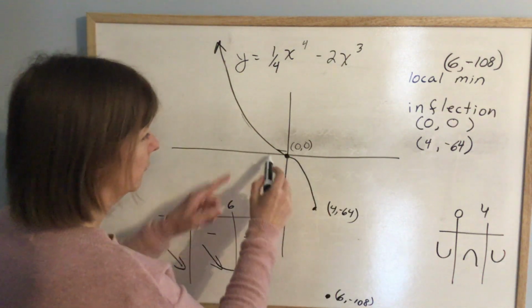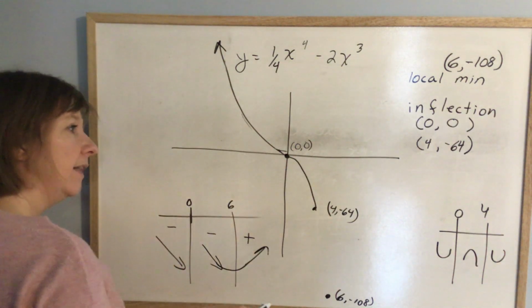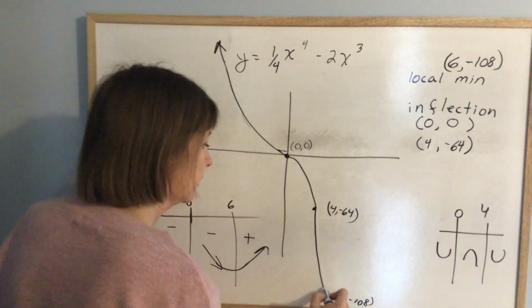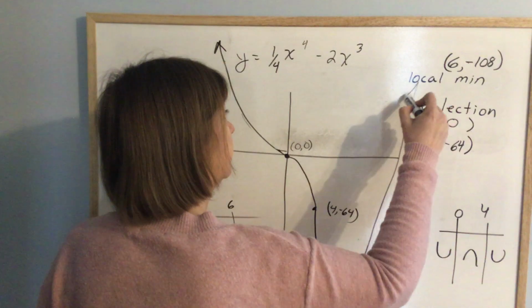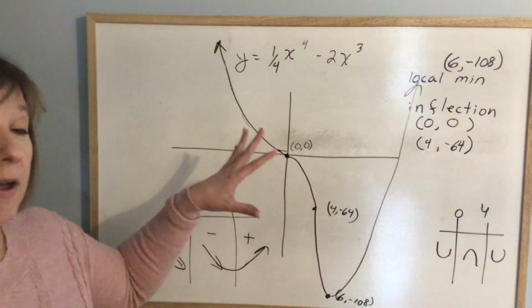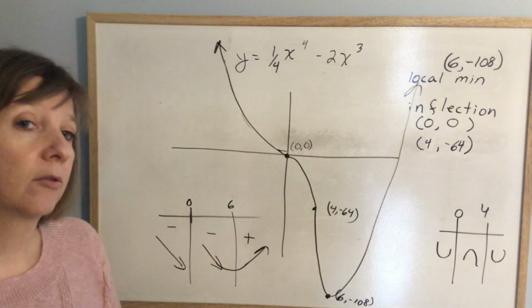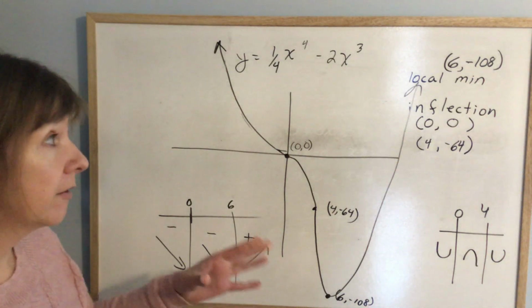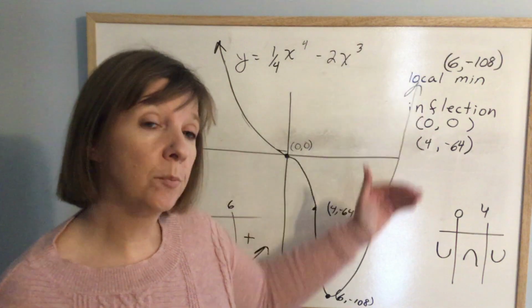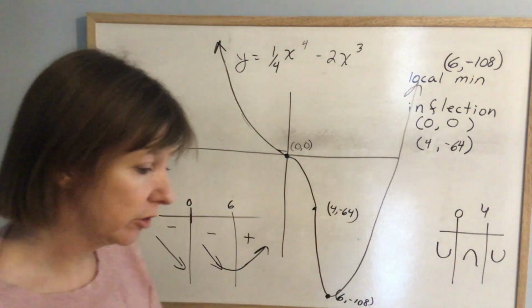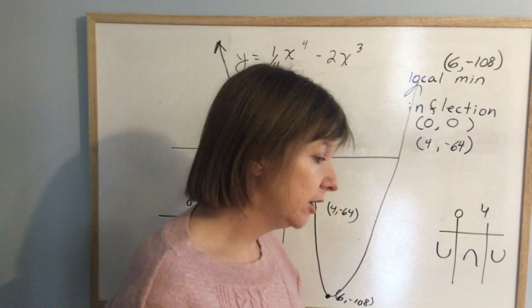And then at 4, it switches back to concave up. So I have given a basic picture of what this graph would look like, just based on knowing where my local max and mins were and where my points of inflection were. I'm going to leave it at that.